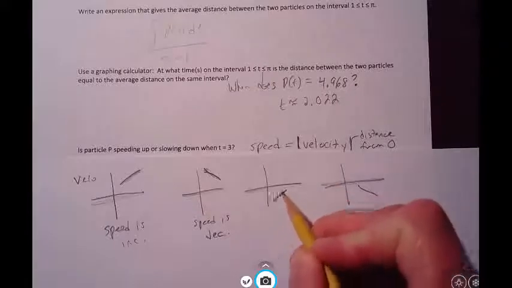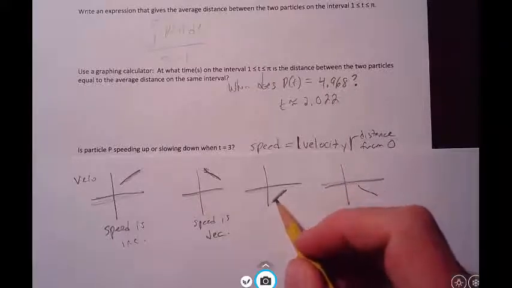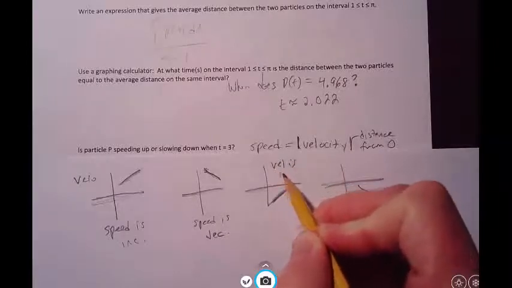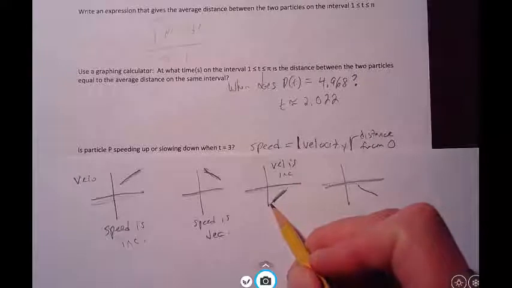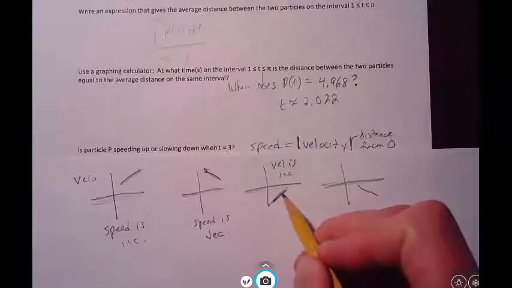Same deal here. This is the one the AP test seems to love, because your velocity is clearly increasing. If this is the velocity graph, it's increasing. It's moving up. But if you look at it as an absolute value, it is approaching the x-axis.